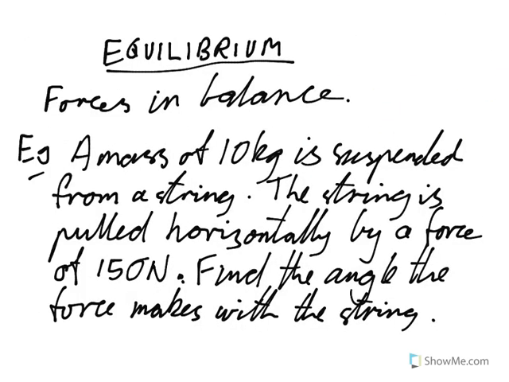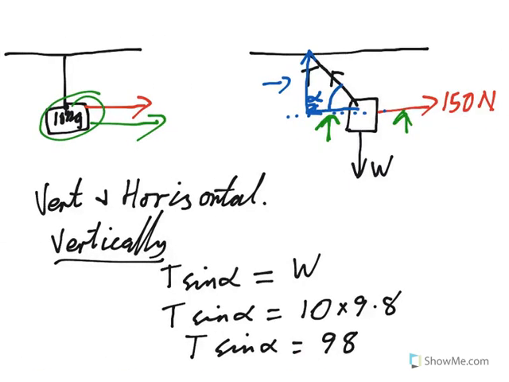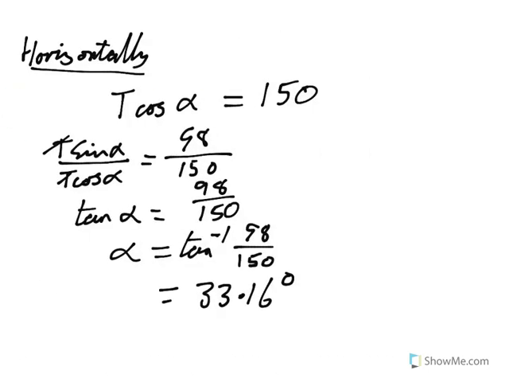Alright, so let's go back to the question, just to check. It says find the angle the force makes with the string. So the angle that the force makes with the string is actually that angle in there. Call it theta. What we found was this one. Of course they're in a straight line, so 180 minus that.